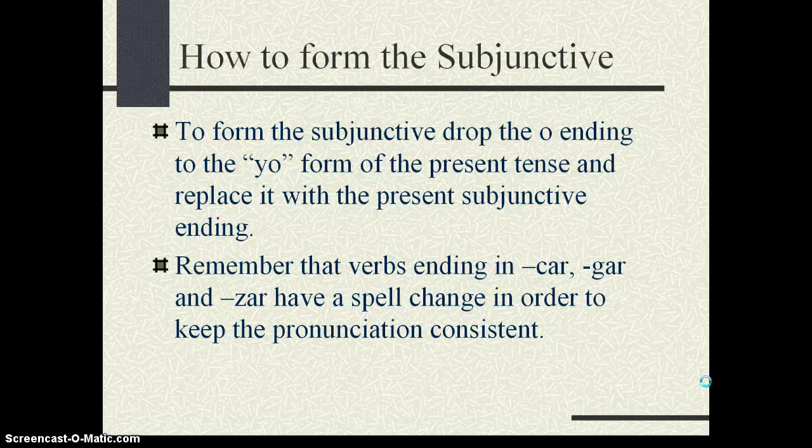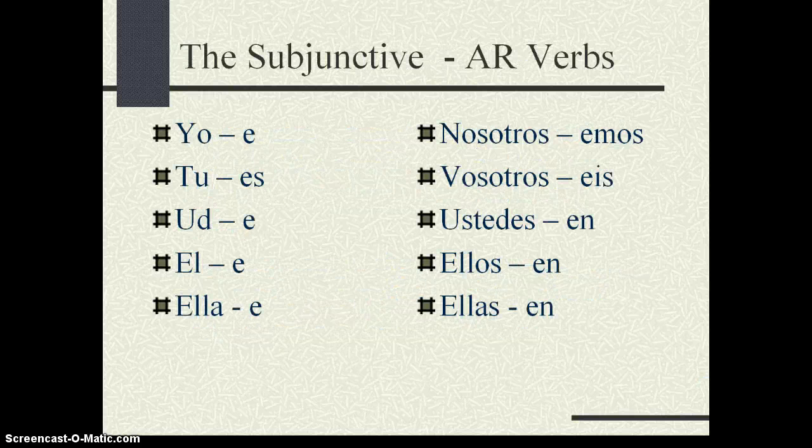Remember that verbs ending with car, gar, and zar are going to have a spelling change, because if you follow those with an e, you're going to have a change in pronunciation or a change in the sound of the letters. So they will require a spelling change to keep that sound original. To conjugate in the subjunctive, you're going to use opposite vowels.